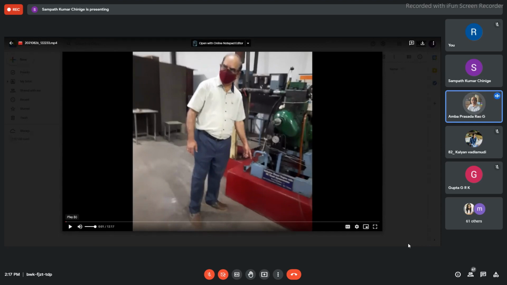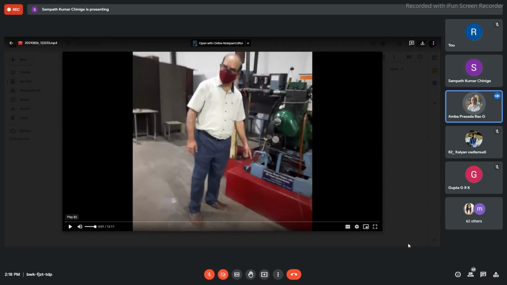As I was telling you, performance tests are basically of 2 types: one is constant speed, another is variable speed. Constant speed means variable load, and this is sometimes also called a fuel consumption test. Why is it called a fuel consumption test? In a short while we will observe. When you are loading the engine, we make use of a dynamometer in an engine laboratory.